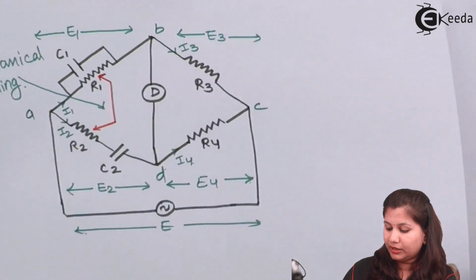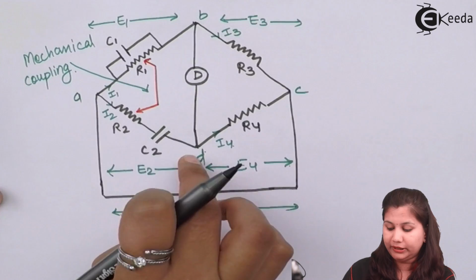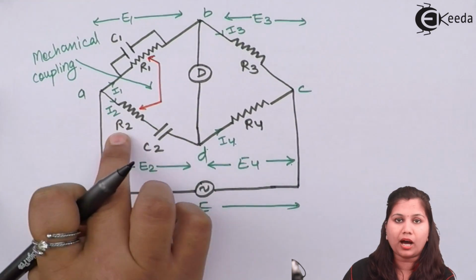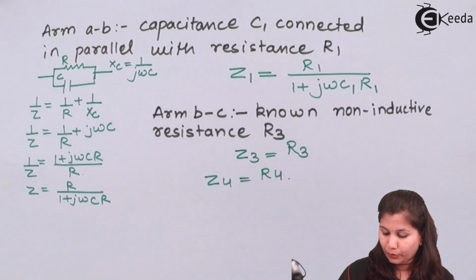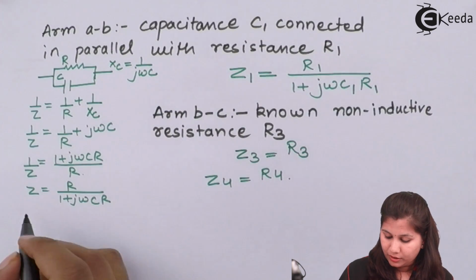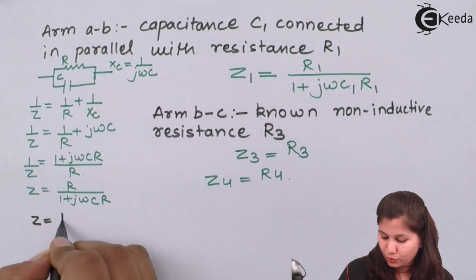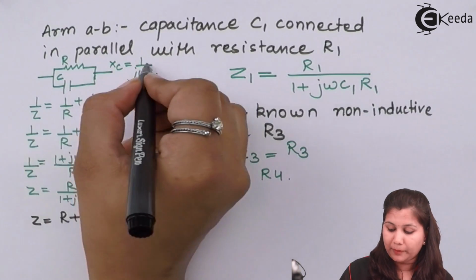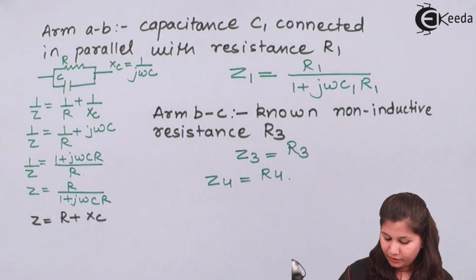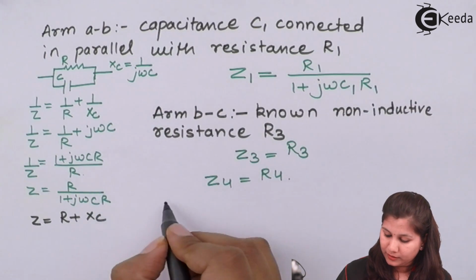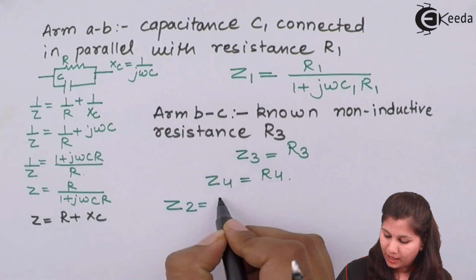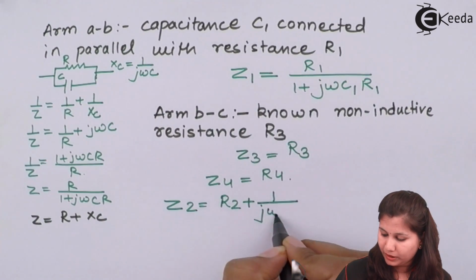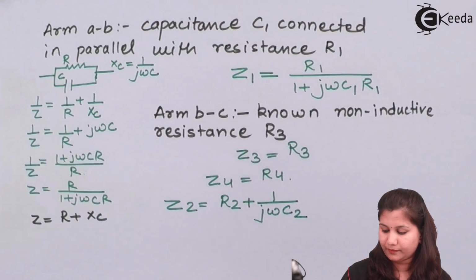Then we have the arm AD or DA. In this we have the series combination of R2 and C2. In series combination the Z will be equal to R plus XC, and XC is 1 upon J omega C. So here we will have Z2 as R2 plus 1 upon J omega C2.